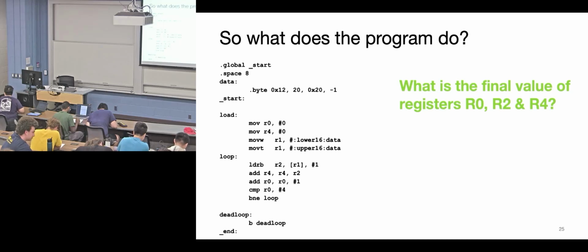R2 is the destination register. Where is R1? Then we just add one, plus one for R1.